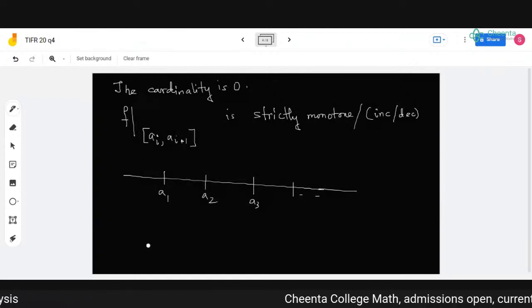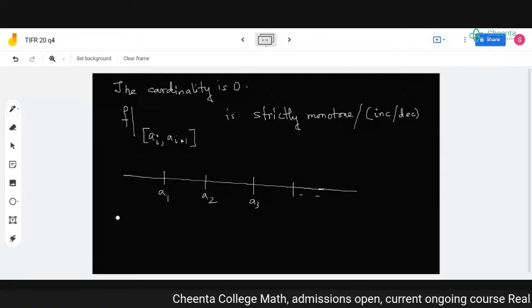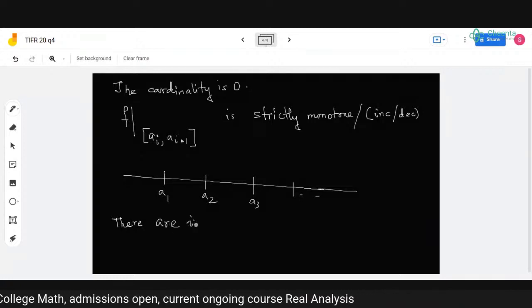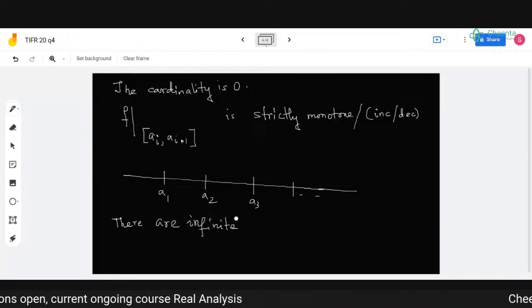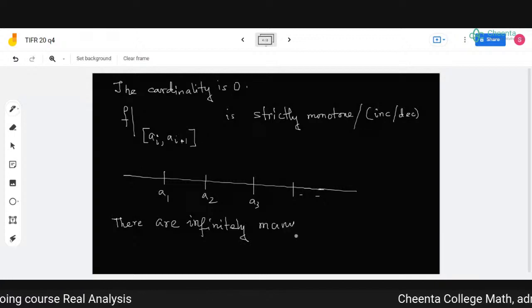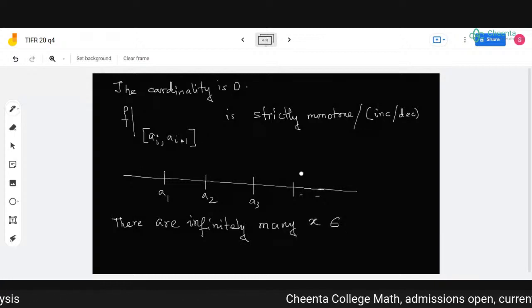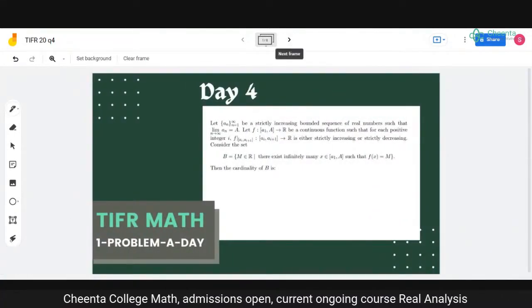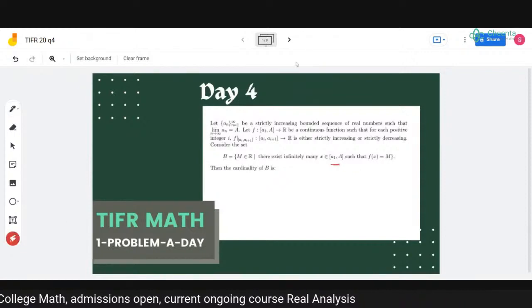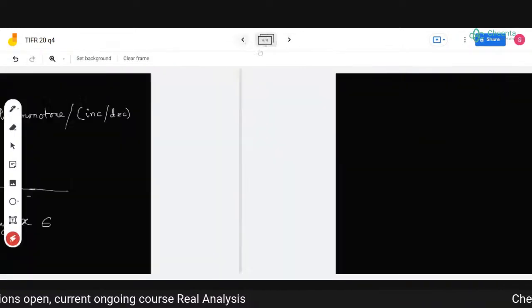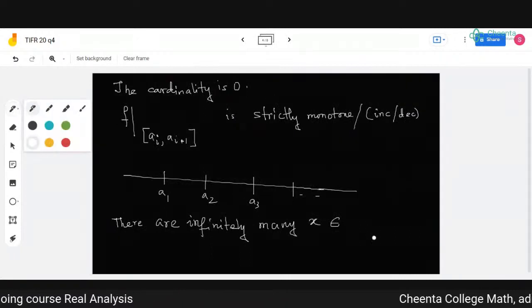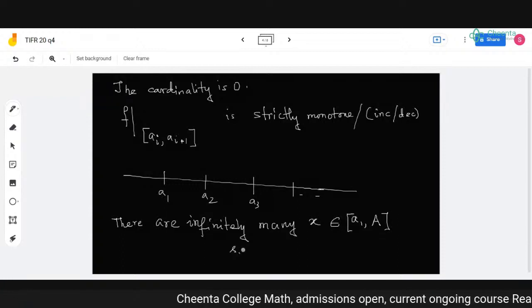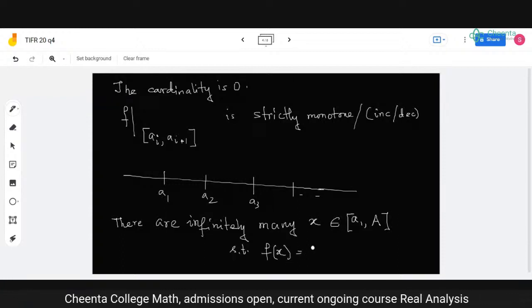So, by another given hypothesis, there are infinitely many x in this interval (a1, a) such that f(x) equals n.